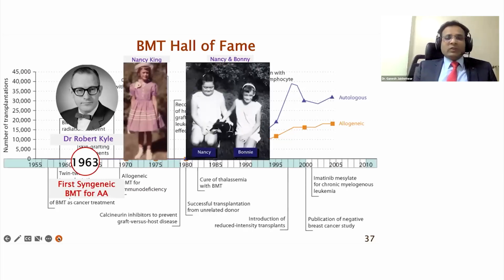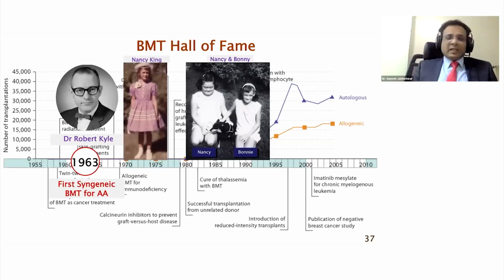And mind you, at that time the treatment for aplastic anemia was pulse steroids, and you can see that because of the pulse steroids, Nancy has such Cushingoid features. One of the interesting observations of Dr. Cayley was that Nancy used to be accompanied by her sister Bonnie, and the only way to check whether they were compatible with each other with regard to their genotype was skin grafting.